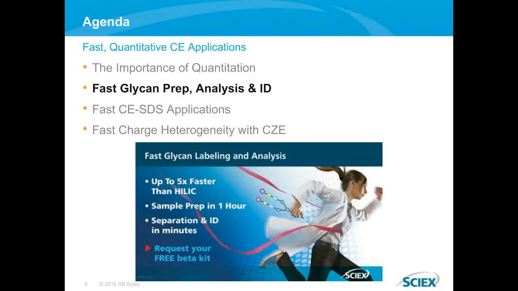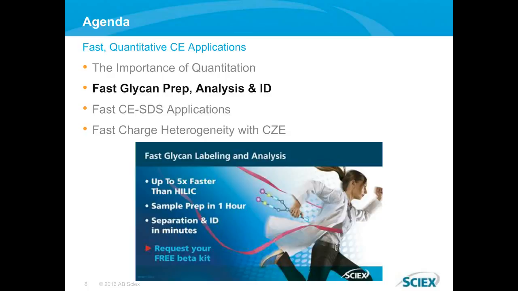So I think we'll give people just one more second to go ahead and answer the poll. Okay, so it looks like a fair number of you, actually 3/4, are not doing N-Glycan analysis at this time.